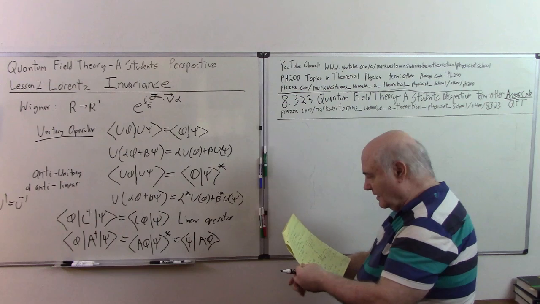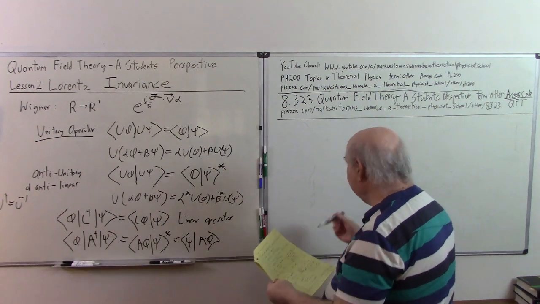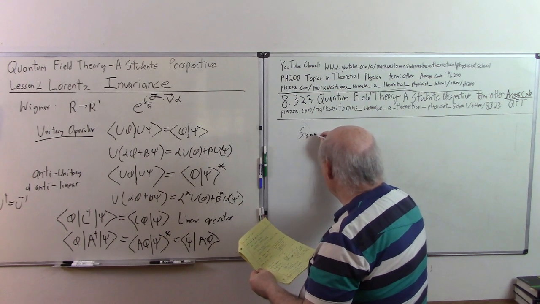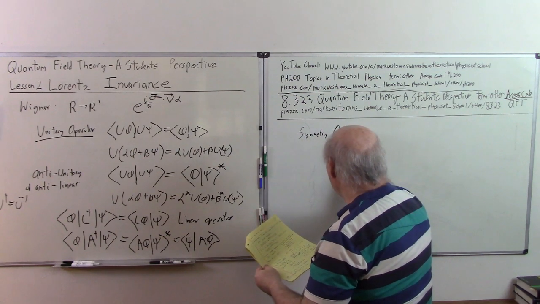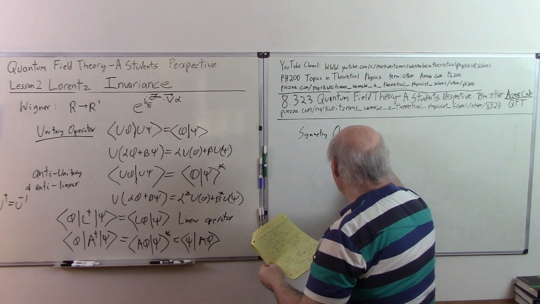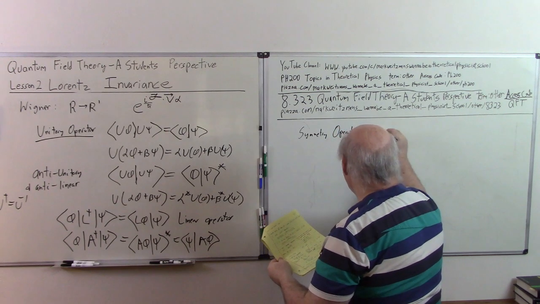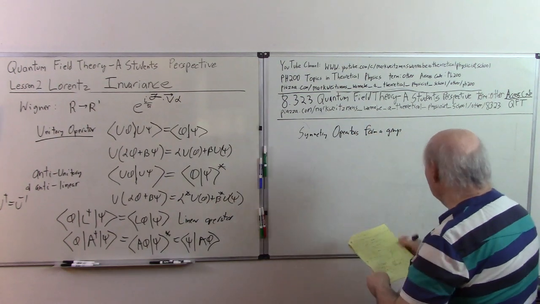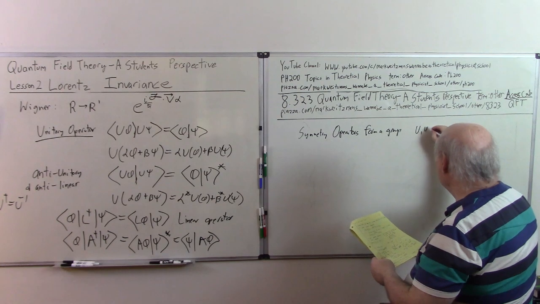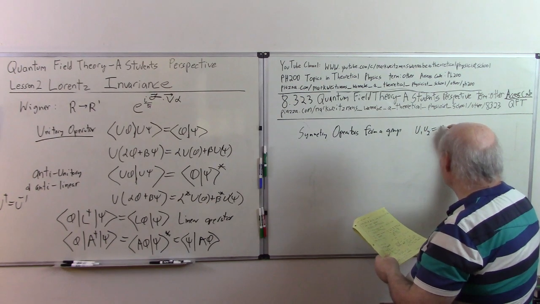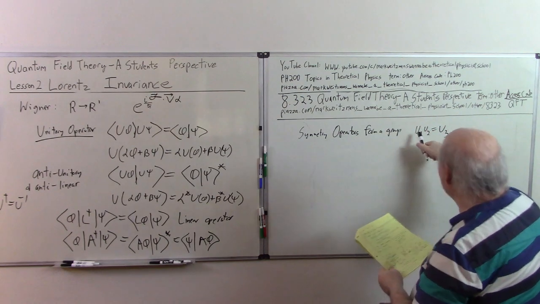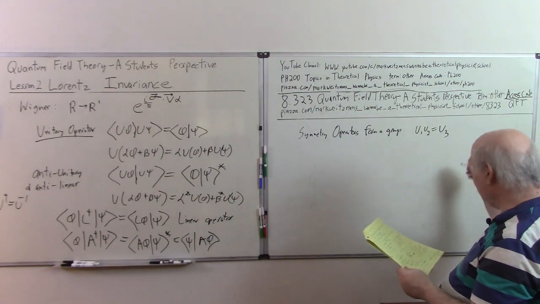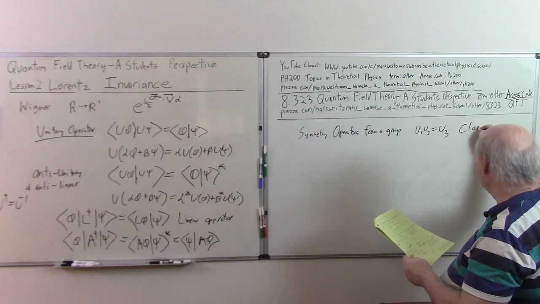For now, you just have to know that they form a group. So all you have to know is that U1 U2 is equal to U3. In other words, if we have two symmetry operators and we do them one after the other, we also get a symmetry operator. This is known as closure.